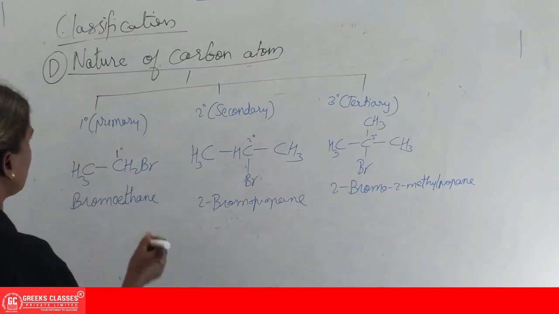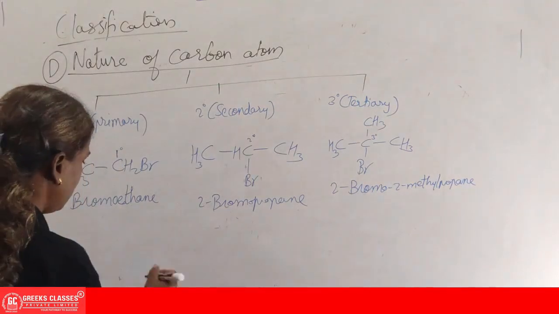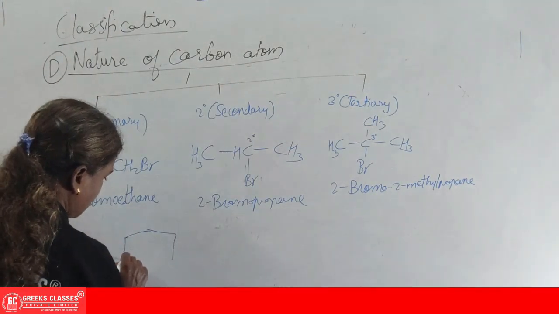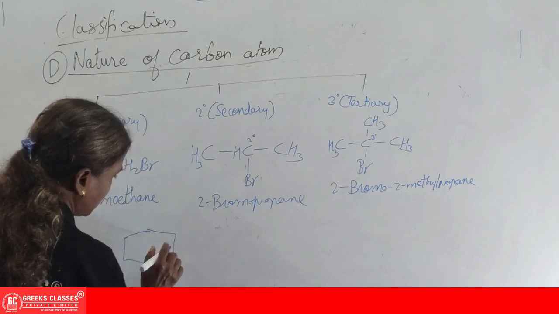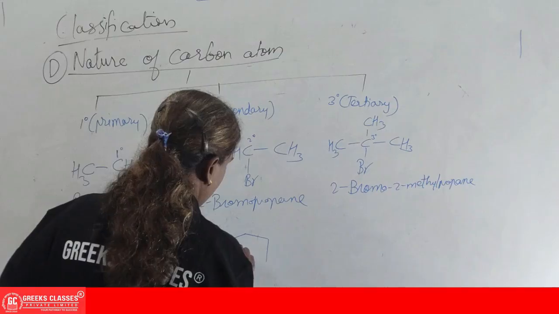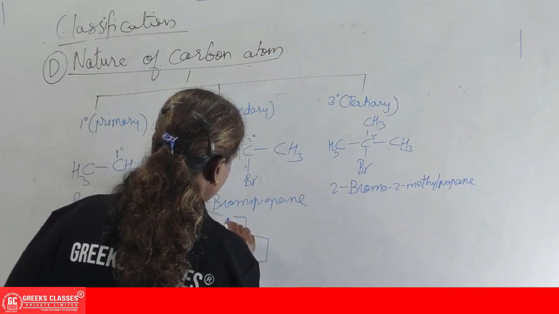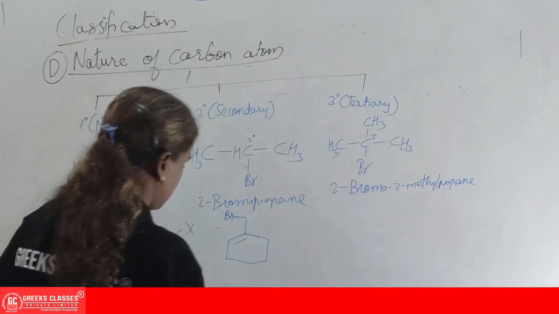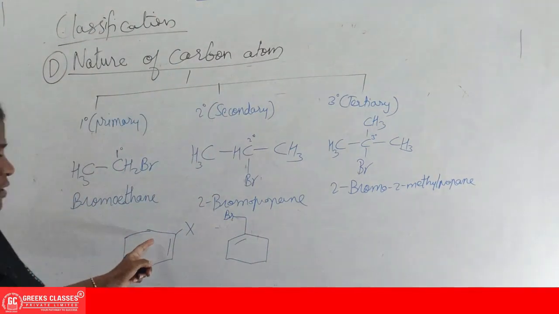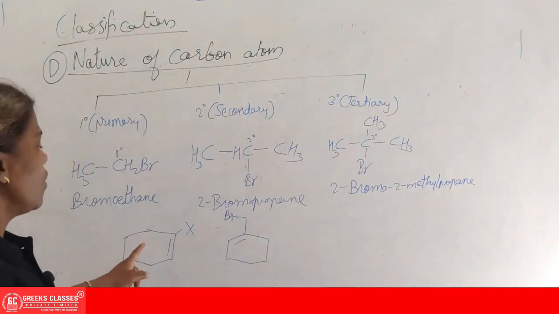There is also one more, it doesn't come under this, but still I can tell you about the compounds containing, as I have told you. Suppose I have a system, can you identify whether it is allylic or vinylic? Please try to identify. Yes, this one is vinyl.